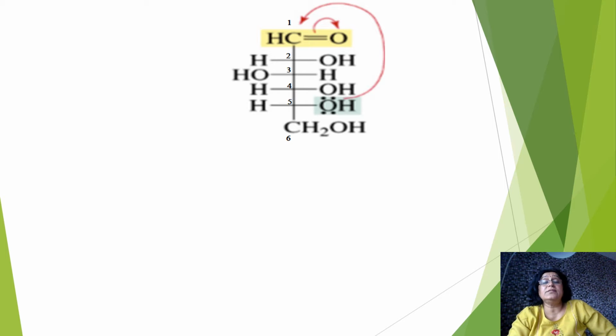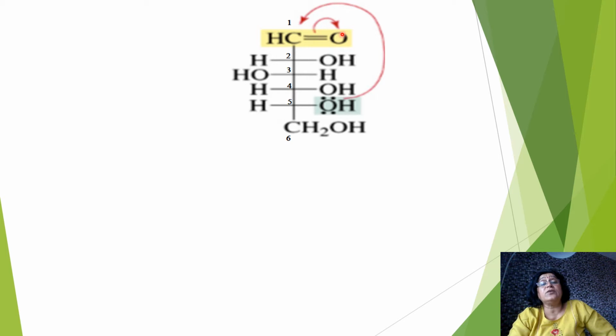So let's see how the open chain structure gets converted to the hemiacetal structure. The first carbon here is the aldehyde group. The remaining 4 carbons carry secondary alcoholic groups, and the last carbon holds the primary alcoholic group. So what happens is that this first carbon is bonded to oxygen. Oxygen, being more electronegative, attracts the electrons towards itself.